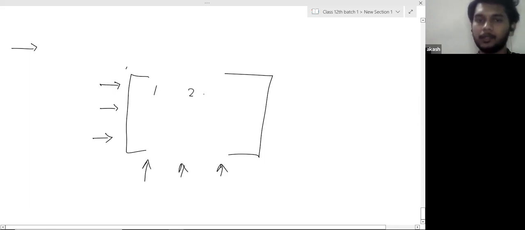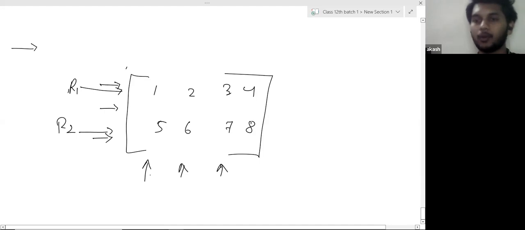Suppose I write 1, 2, 3, 4, 5, 6, 7, 8. Then it has two rows. This is row 1. This is row 2. And it has four columns. This is C1, C2, C3, and C4.